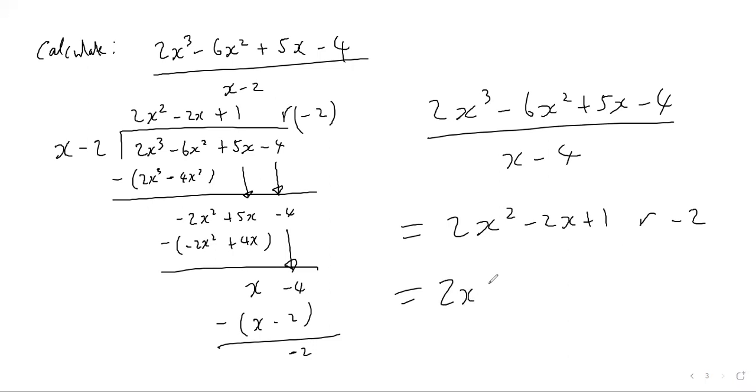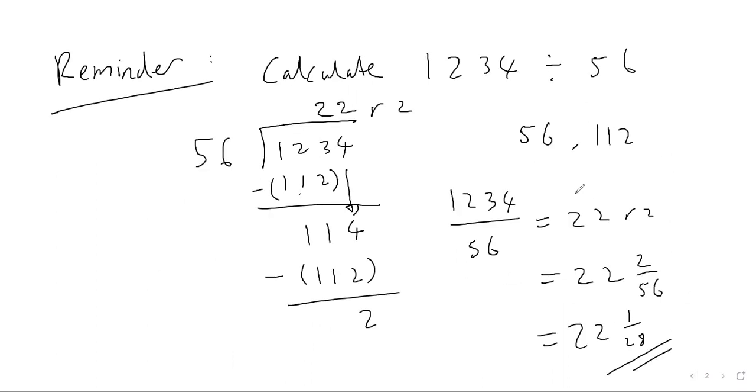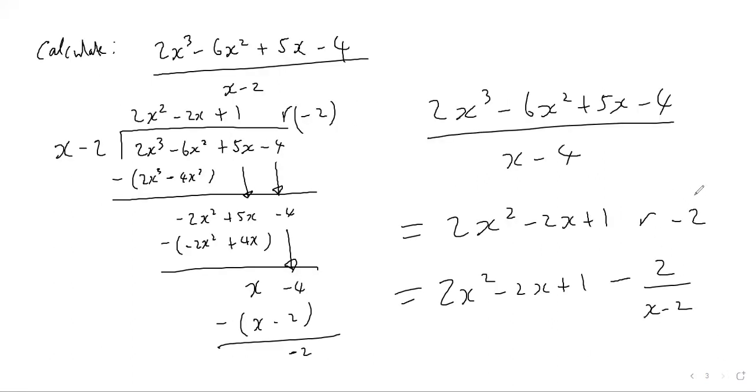Well, in this context, it means 2x squared minus 2x plus 1 minus 2 over the divisor, which is x minus 2. So similarly to what we do here, the remainder 2 is over the divisor, 56 in this case. So we get 2 over 56. Similarly here, the remainder is minus 2 over the divisor x minus 2. So we get this here. So therefore, that would be our final answer.